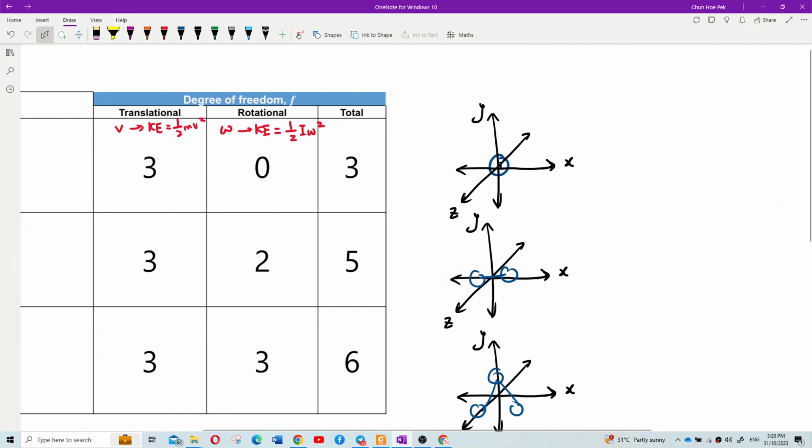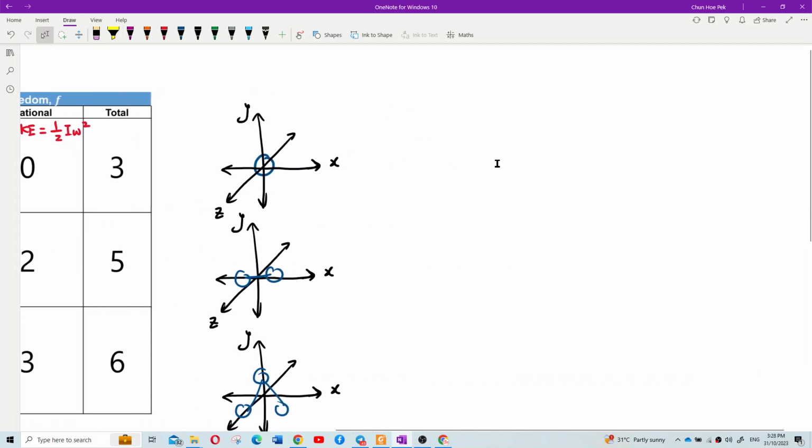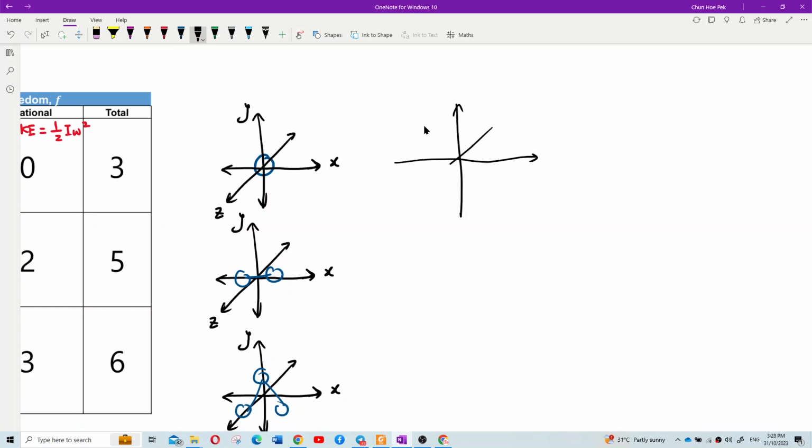Why? Let me draw it again. The x, y, and z.